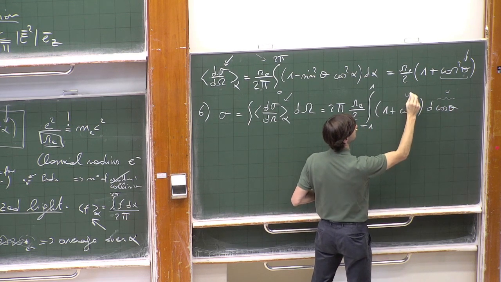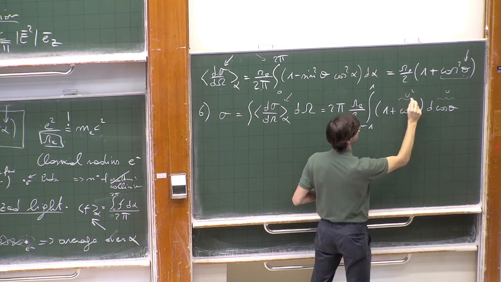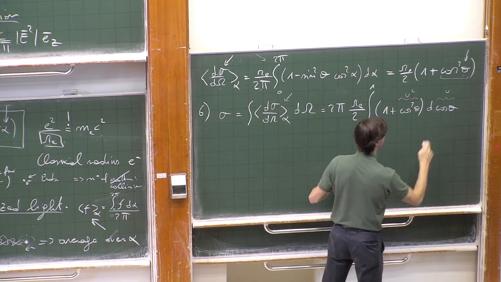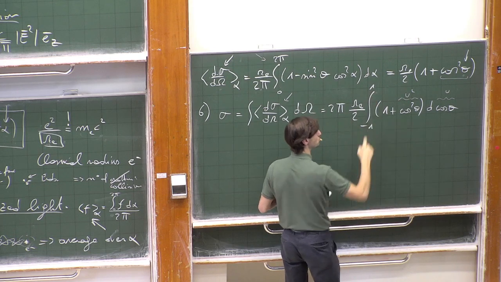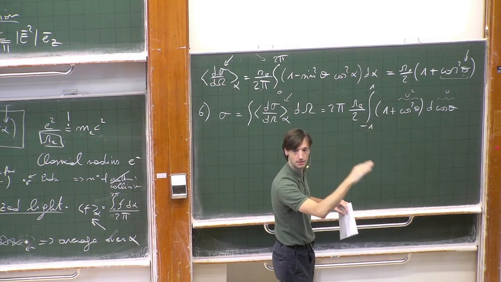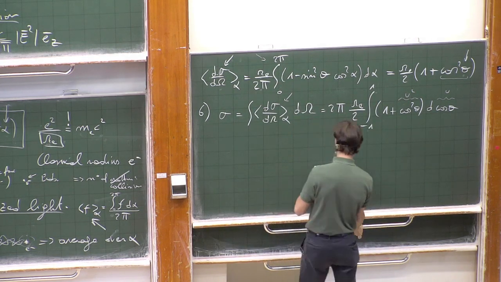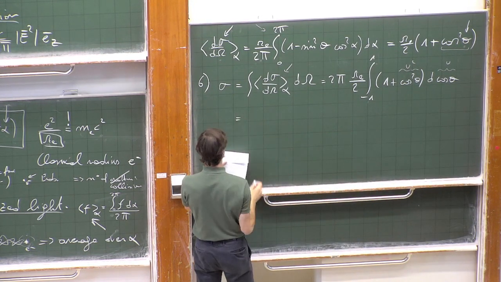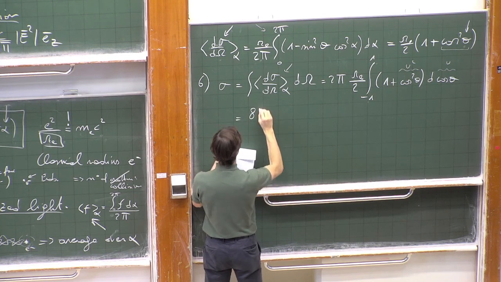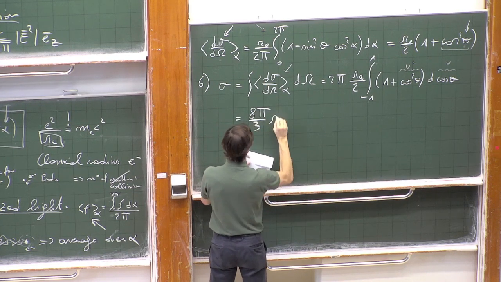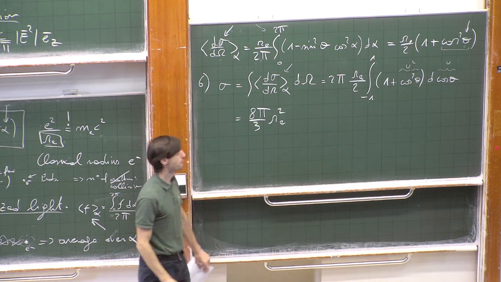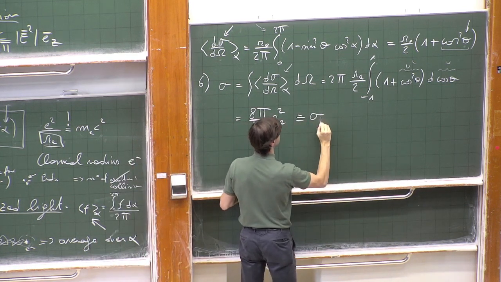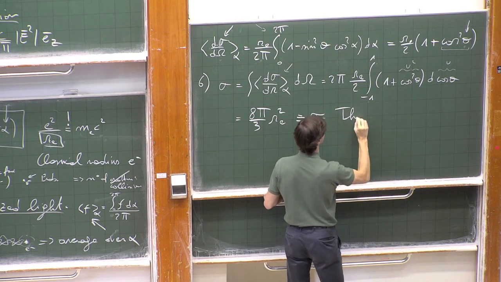And this would be u squared. It's just a relabeling of variables. So I'm just doing the integral over the cosine of theta, and it goes from -1 to 1, because these are the extremes of the cosine, or the entire possible angles. And the result, again, is just the integral to be evaluated, is this one, that we call the Thomson cross-section.